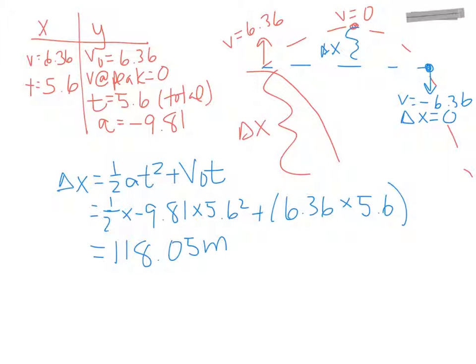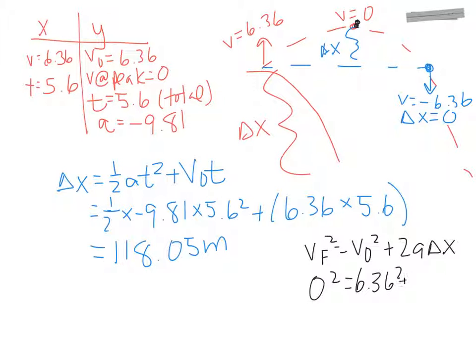So I can use this equation. The final velocity squared is equal to the initial velocity squared plus 2a delta x, because I don't know the time. So I do know the final velocity up here at the peak, that's 0. The initial velocity up is 6.36 squared plus 2 times negative 9.81 times delta x.